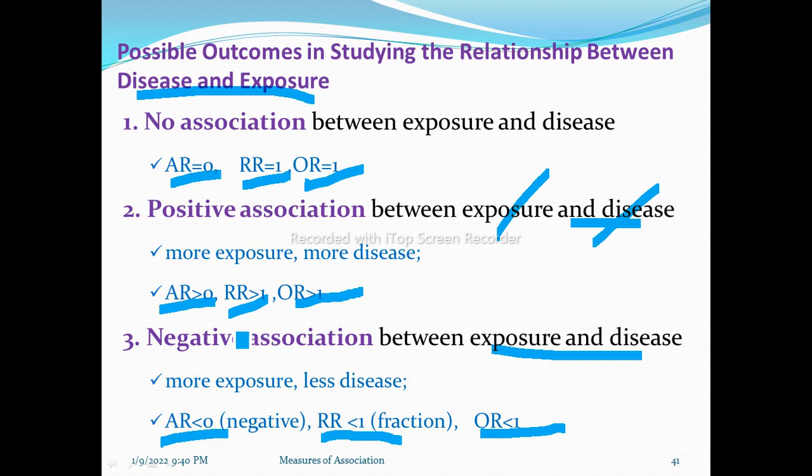So when there is negative association, more exposure, less disease. That means an inverse relationship, or protective. In the case of positive association, more exposure, more disease.